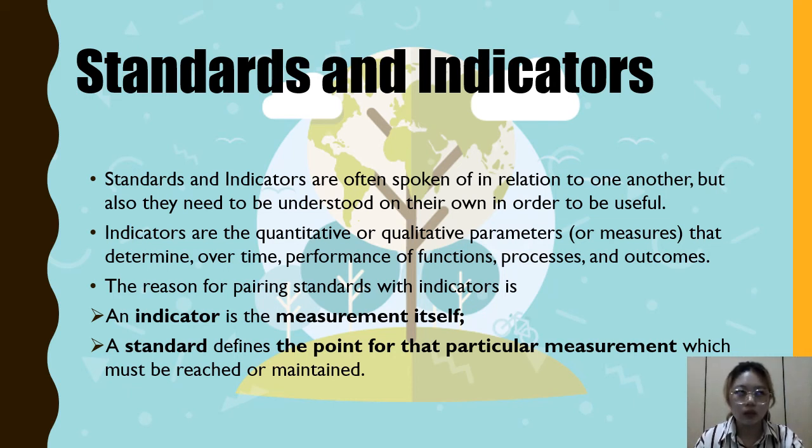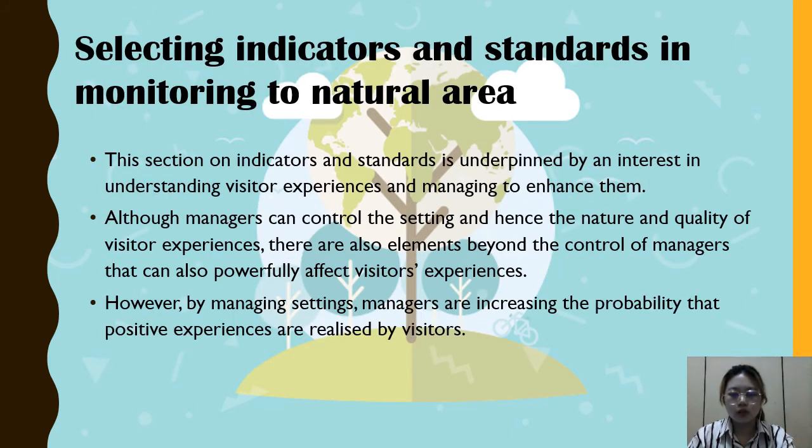Standards are useful because they provide an indication of where a programme is falling short of reaching operational goals, and they quantify this shortfall. This section on indicators and standards is underpinned by the interest in understanding visitor experiences and managing to enhance them.